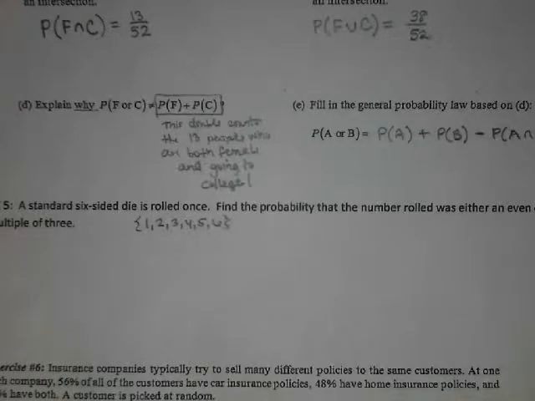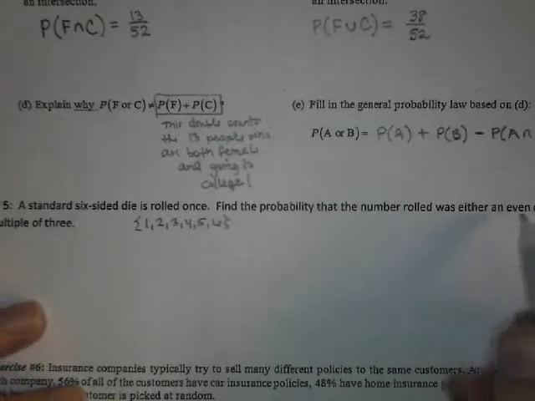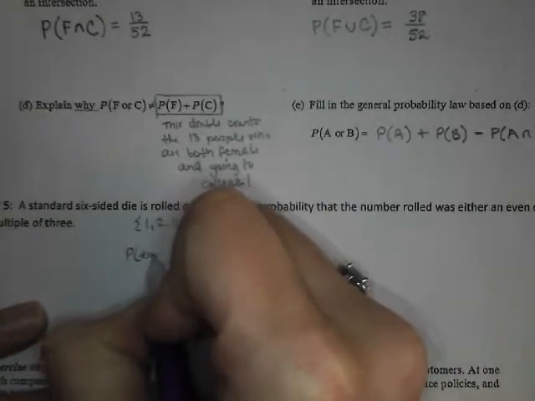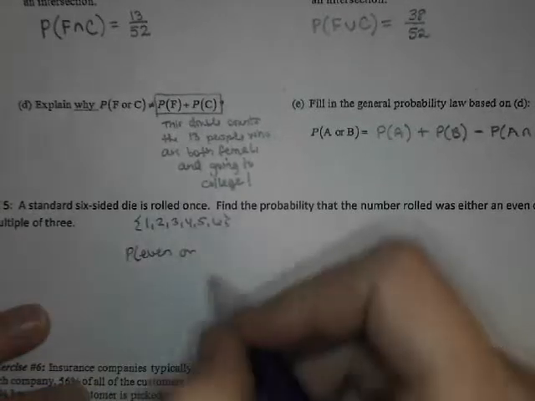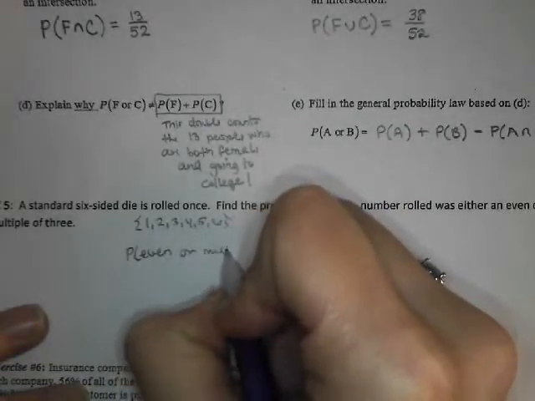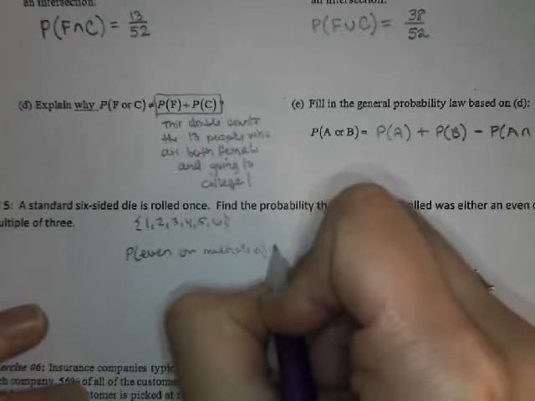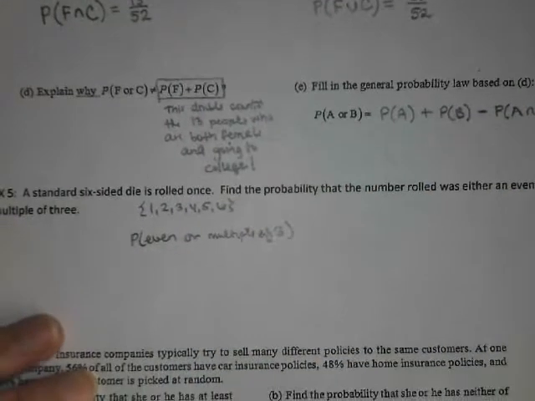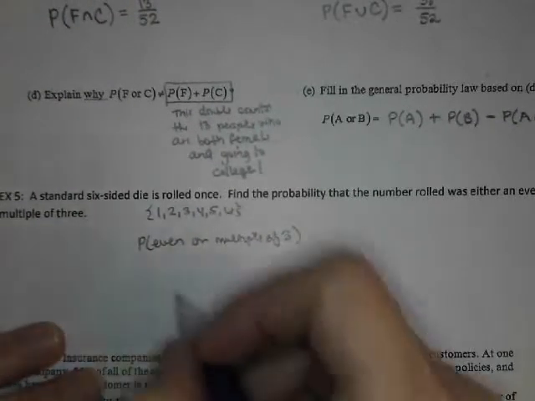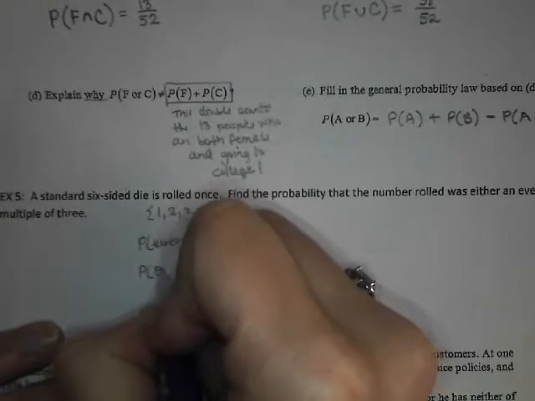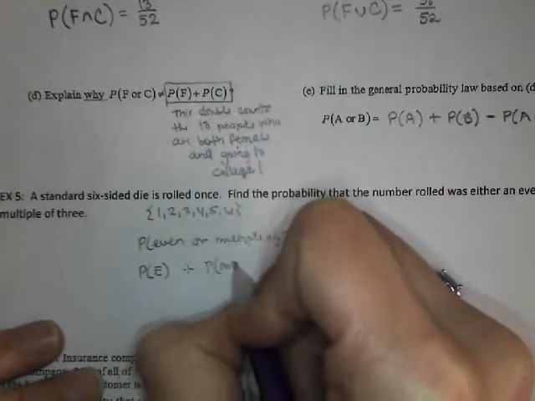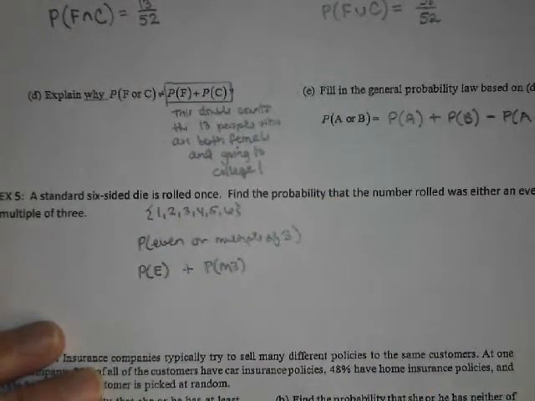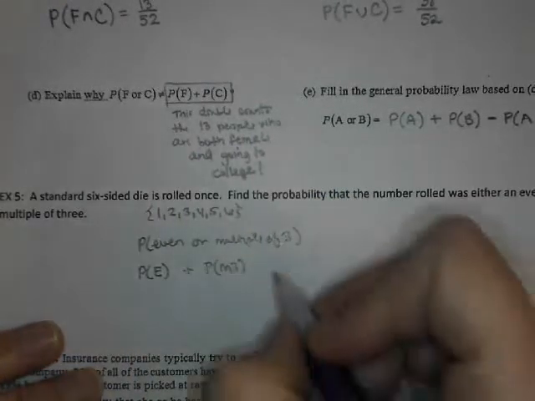Find the probability that the number rolled was either an even, so we're looking for the probability of even, or a multiple of 3. So using our law, we want the probability of even plus the probability of being a multiple of 3, I'll write M3 for short, minus the probability of both.